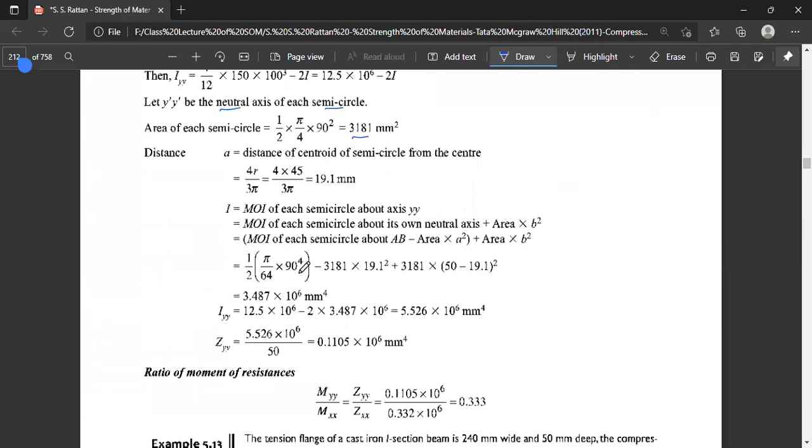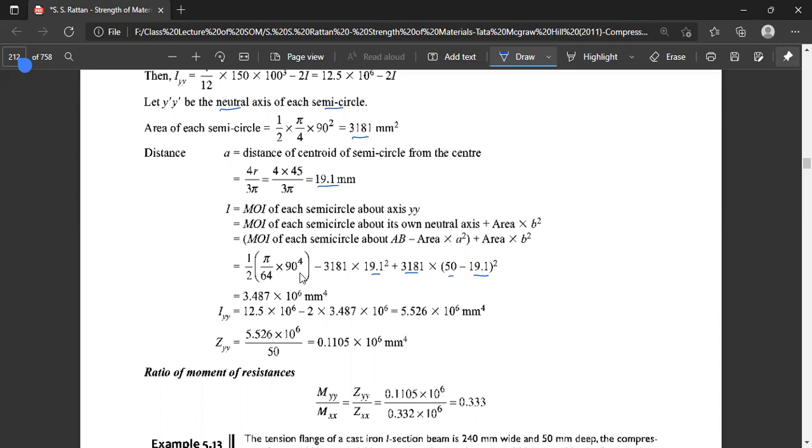Thus, it has become pi by 64 times 90 to the power 4 into half, because it is a semicircle, minus area 3181 multiplied by A square, that is 19.1, which we have calculated here, plus the area 3181 multiplied by the distance of the straight line y dash from the y axis, that is 50 minus 19.1, because the distance from AB to the y axis is equal to 50.